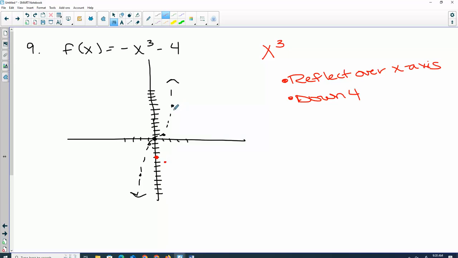When I take 2, 8, and reflect, it goes to 2, -8, and then down 4. If I take -1, -1, and reflect, it goes up to -1, 1, and down 4. If you did -2, -8, it goes to -2, +8, and then down 4. So I should be able to clearly see at least 3 points on both your original and your final graph.